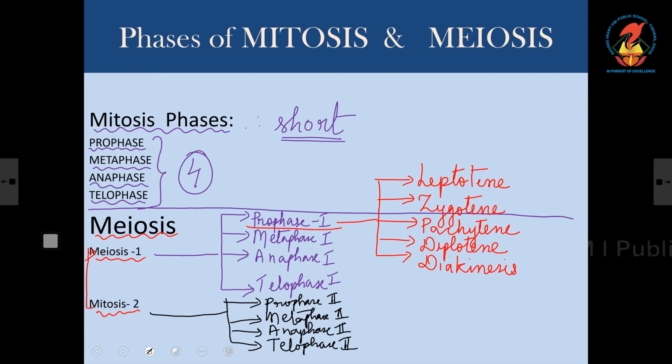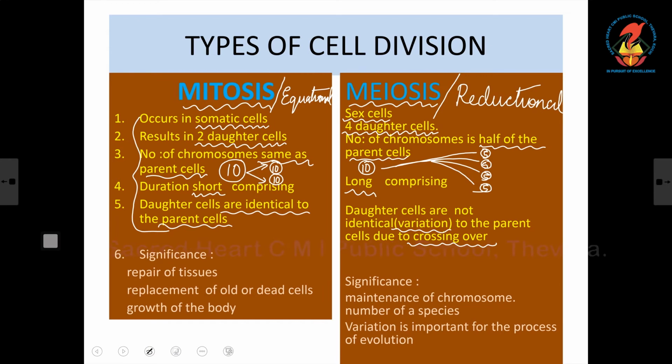Moving on to meiotic division 2, it's divided into 4 stages: prophase 2, metaphase 2, anaphase 2 and telophase 2. And lastly, the fifth difference is that the daughter cells are very much alike in mitosis. They look very much similar to the parent cell, whereas in meiosis, the daughter cells that are formed do not look identical to the parent cell. They show variation, and this variation arises due to the phenomenon called crossing over.